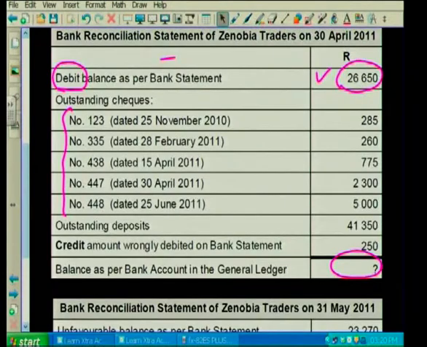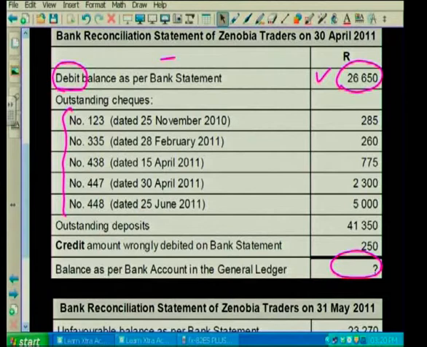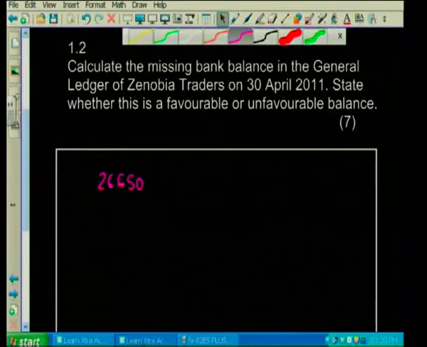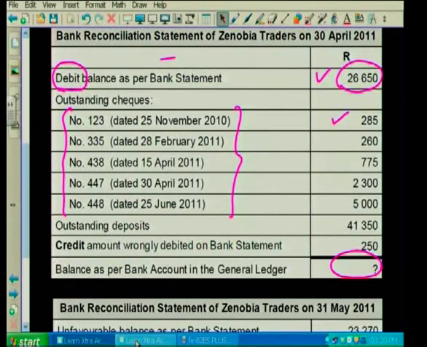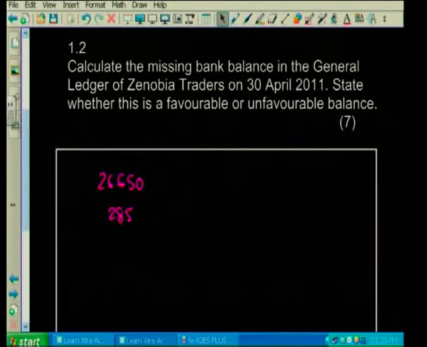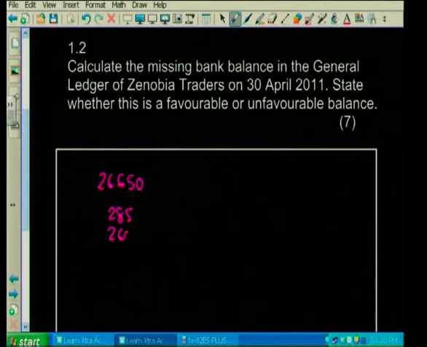There goes. This was a debit balance, which we have indicated. There it is. Next, all we said, these are my outstanding checks. These are all debited amounts, so we take them one by one. 285. Next one, 260.